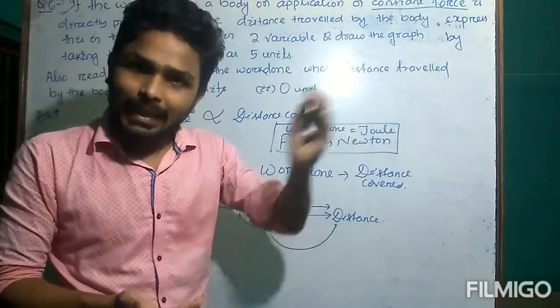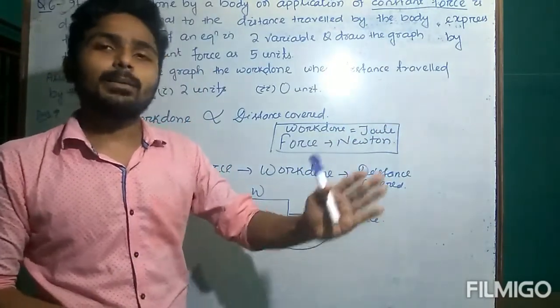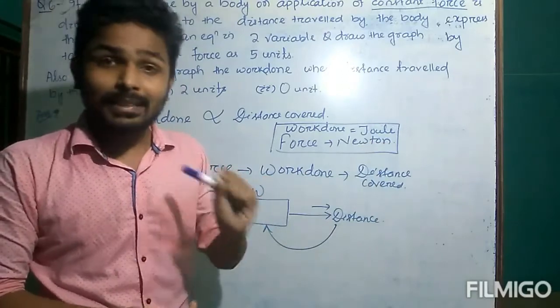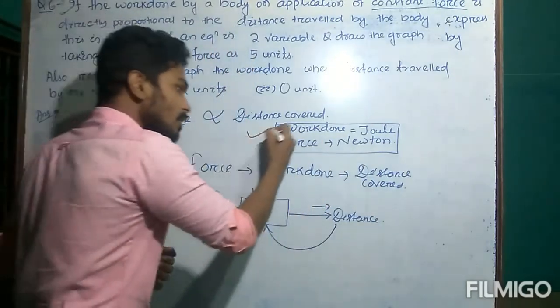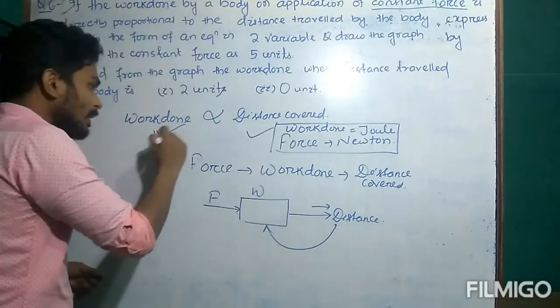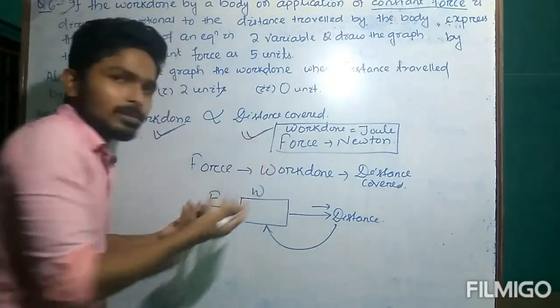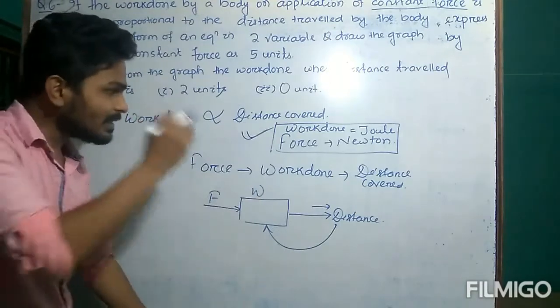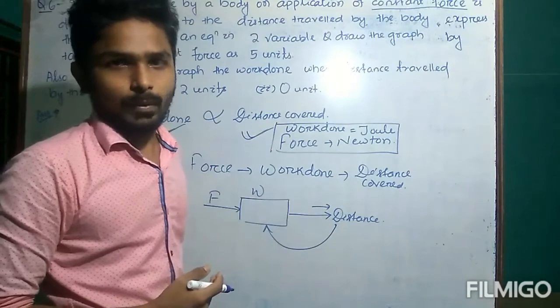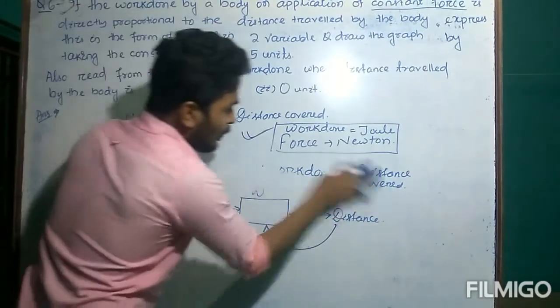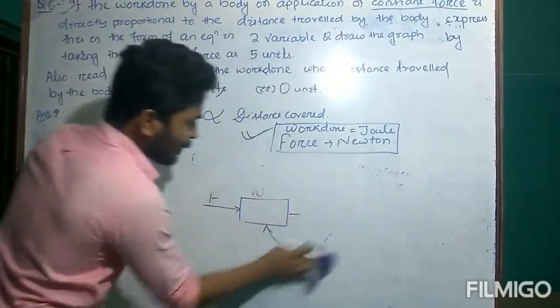As the work done decreases, the distance covered also decreases. This is directly proportional. Understood? This concept is known as directly proportional. Now I think you can understand what I mean.